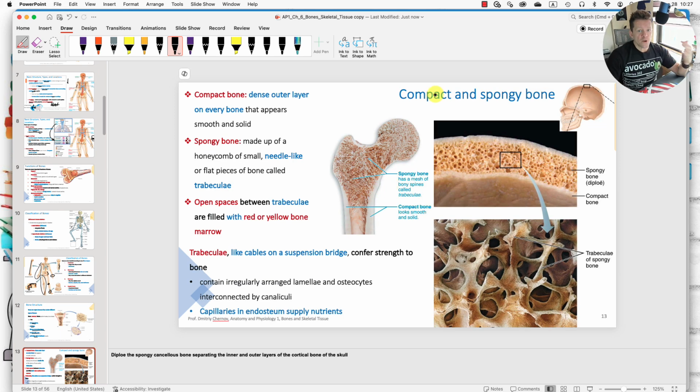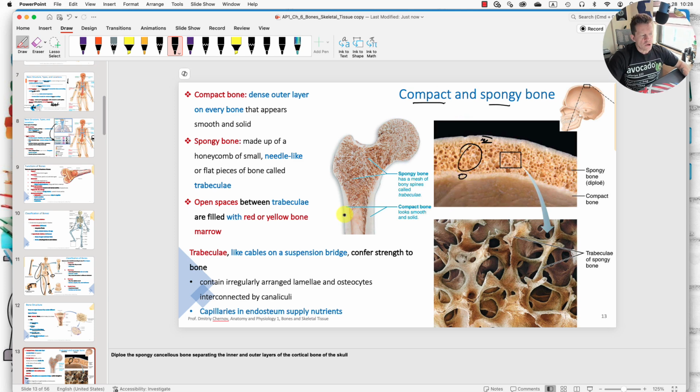So there's a further classification. There's compact and spongy bone. This arrangement pretty much falls under every bone, like an Oreo cookie. This portion is a compact bone, and this portion is the spongy bone, and then there's a compact bone again, like an Oreo cookie.